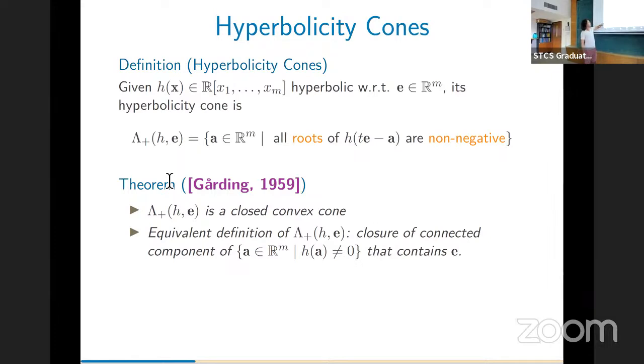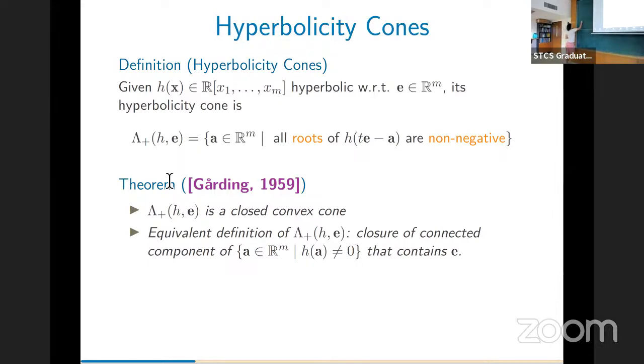An equivalent definition of this cone, which Gårding also proved, is the closure of the connected component of the complement of the zero set of H containing E. I can use the board real quick. So how do the zeros of this polynomial usually look? I'll just draw for an even degree. It kind of looks like an egg.